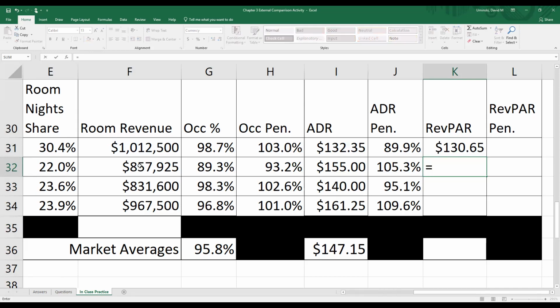Same thing for Hotel B: our revenue, 857,925 divided by 200 rooms times 31.